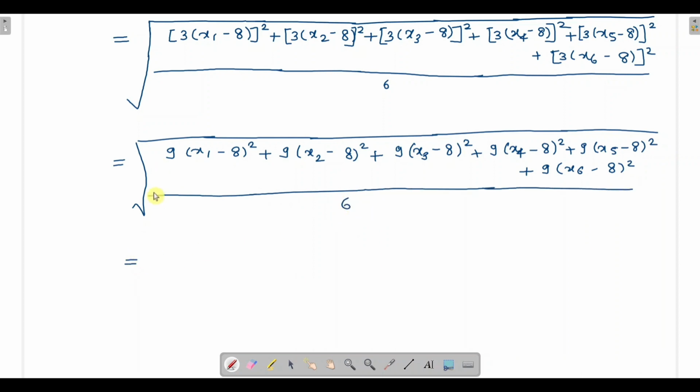So this is equal to, now if we take 9 common from all the terms, we will get 3 here when we take the root.